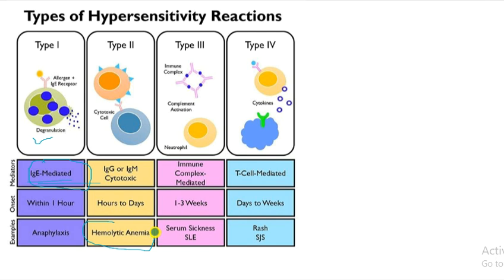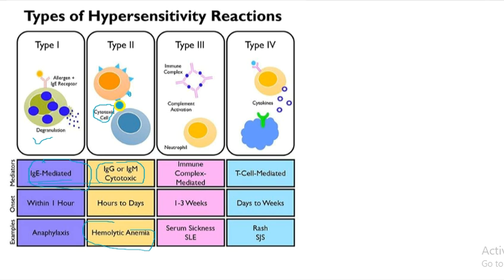In hemolytic anemia, the mediator is IgG or IgM instead of IgE, and the cytotoxic cell is the mediator. The antigen may be a cell or a bacteria, and it has a specific epitope. The antibody binds to the epitope.